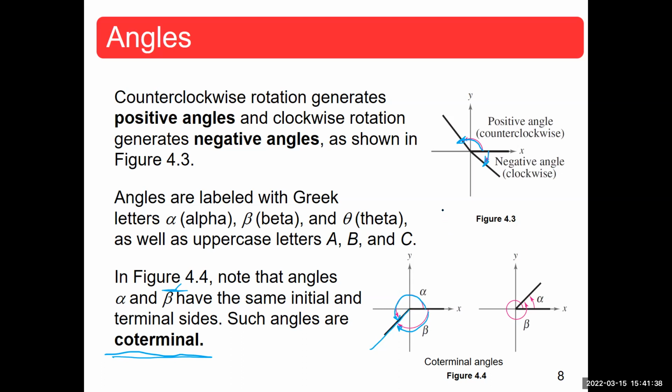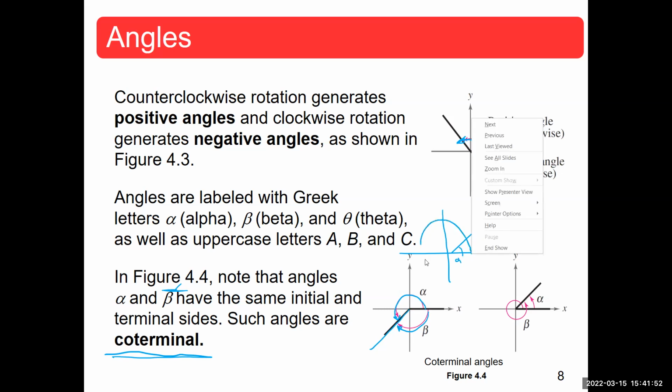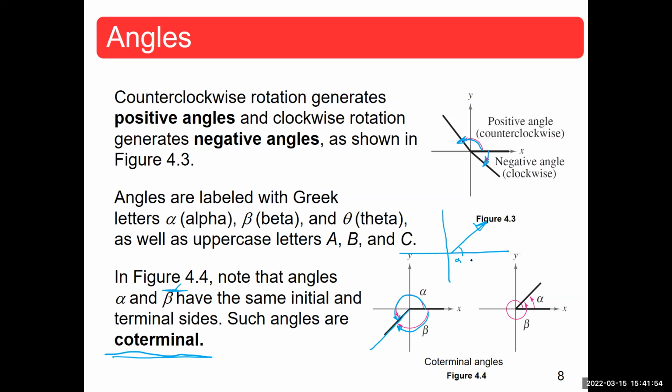Or if I have this angle alpha, then I start from here and keep going, and stop at the terminal side, this is the angle beta.